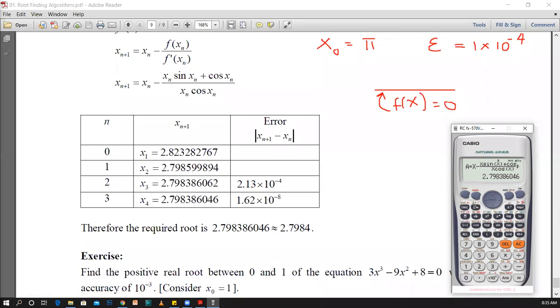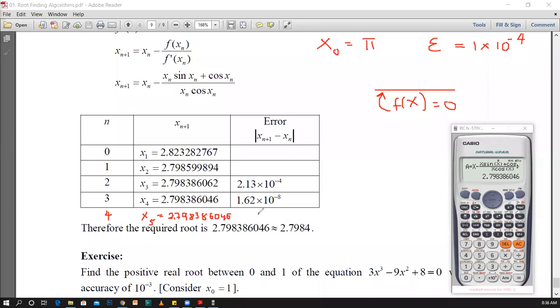Even if you like to test the next step, you will get the value for x5, and you can see in the calculator that the value is the same as the previous, 2.79838604.